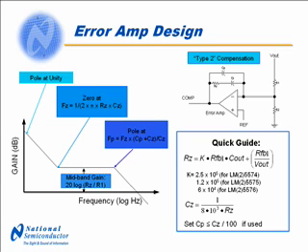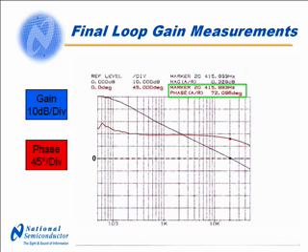Also, there is an online design tool to help select compensation components and view the model predictions of the loop. I'll present this tool at the end of the presentation. The final loop gain measurements are shown on this graph. The crossover frequency where the gain equals 0 dB is 20 kilohertz, and the phase margin at this point is 72 degrees.